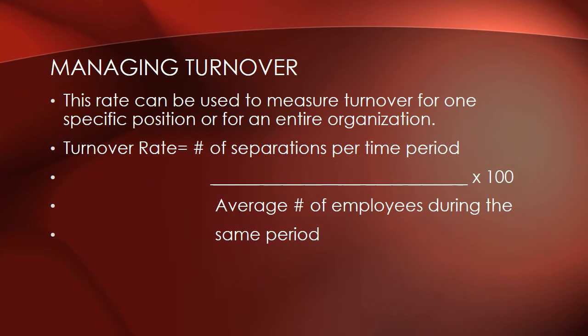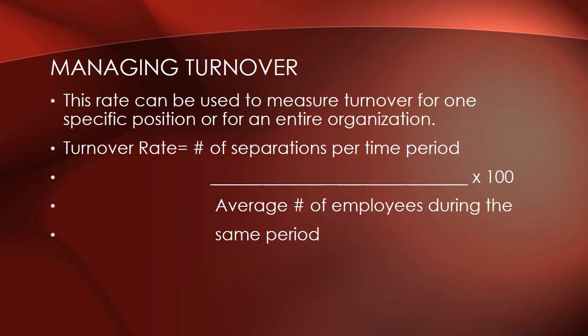So again, on managing and measuring turnover, this is a calculation rate that can be used to measure turnover for one specific position, if the facility wants to measure C.N.A. turnover or nursing turnover. It can also be used to measure the turnover for an entire facility, for the organization, or maybe even for the region.